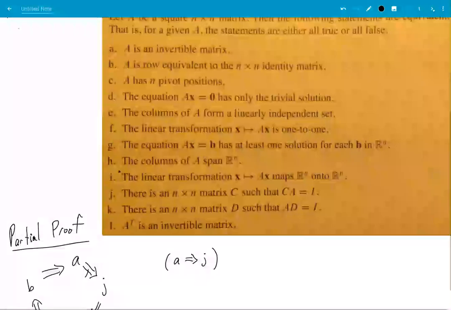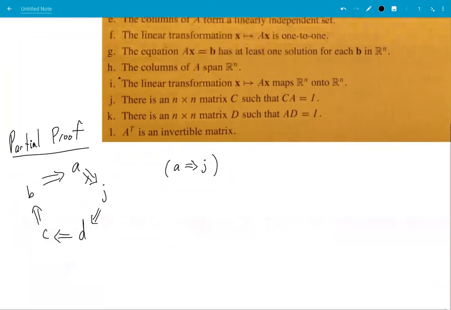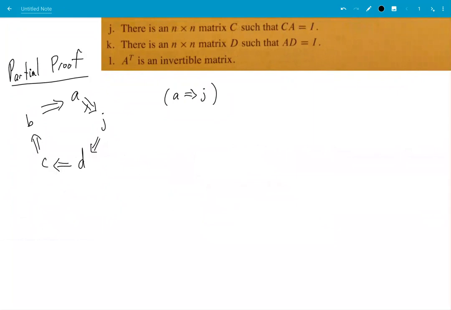So if something is invertible, then you have what's called a left inverse. Well, if you have an inverse, it's obvious that you have a left inverse, right? So if I assume that A is true, that means that A inverse exists.